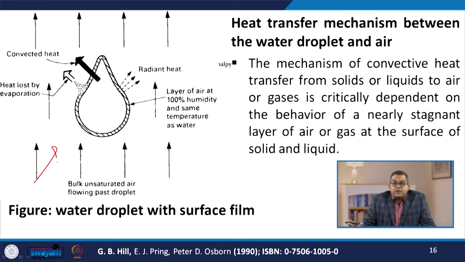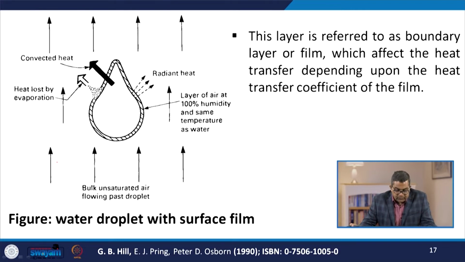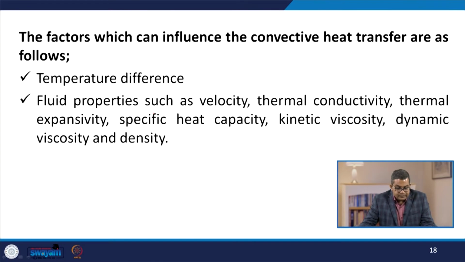The mechanism of convective heat transfer from solid or liquid to air or gases is critically dependent on the behavior of a nearly stagnant layer of air or gas at the surface of the solid or liquid. Now, this layer is referred to as the boundary layer or film, which usually affects the heat transfer depending on the heat transfer coefficient of the film. So, we are talking about this particular layer.